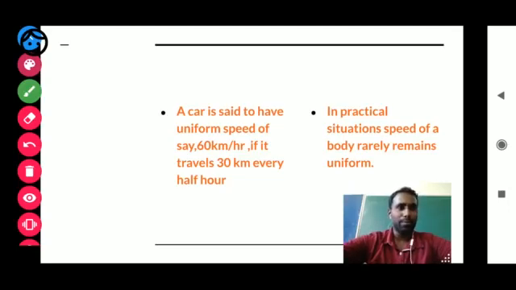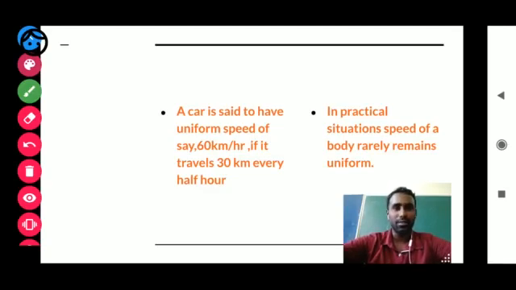In practical situations, is it possible, sir? No, because we are not going at a uniform speed, right? We are not covering equal distance in equal intervals of time. For example, your mother says go and buy some vegetables or anything. You are not going in a straight direction from your home to the market.